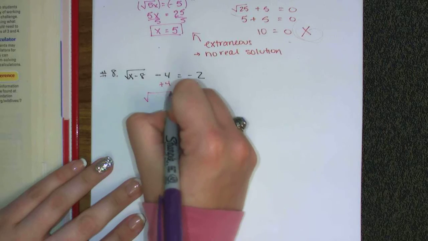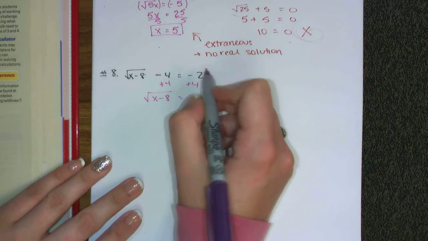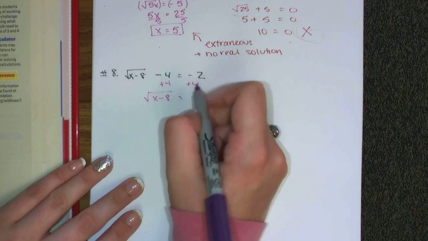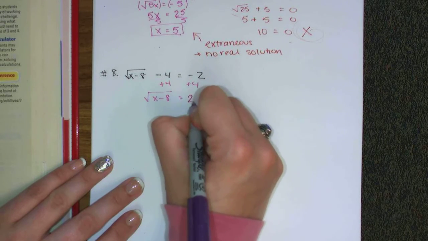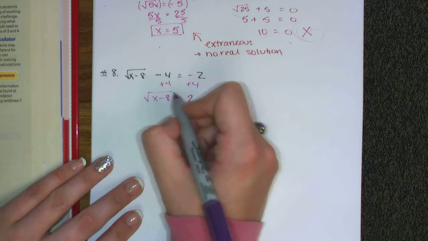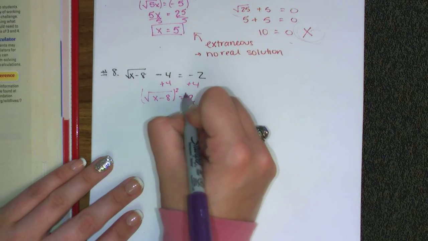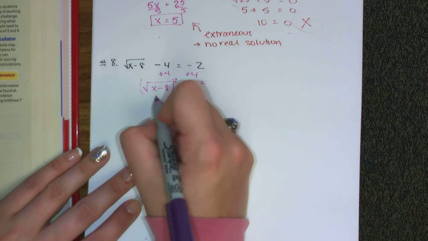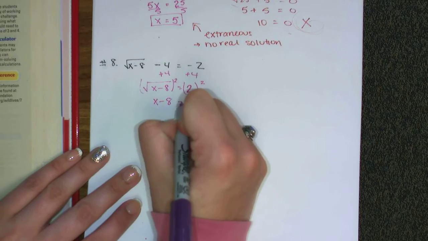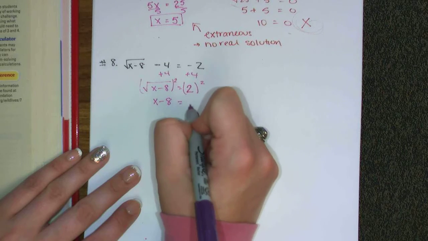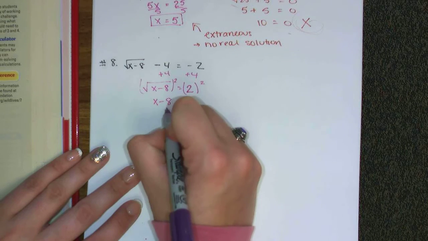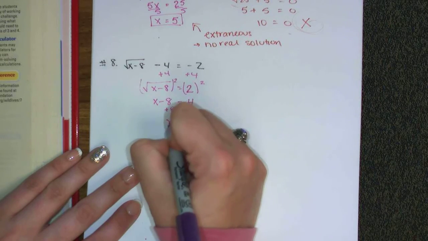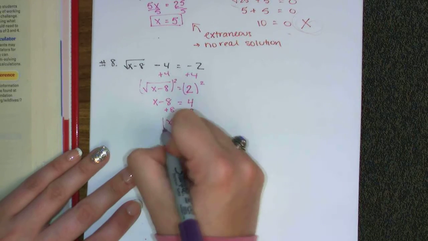So the square root of x minus 8 is equal to negative 2 plus 4, which is positive 2. Now I need to square both sides. The square and the square root cancel, leaving x minus 8 equal to 2 squared, which is 4. Need to add 8. X is equal to 12.